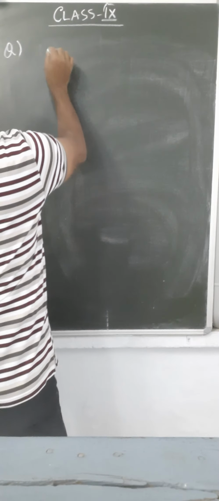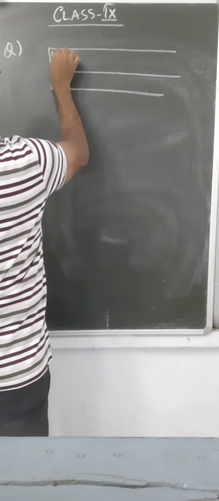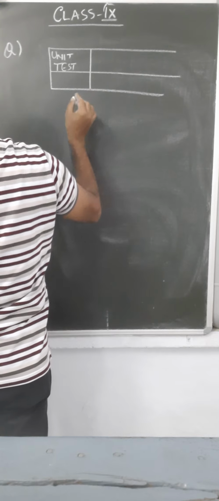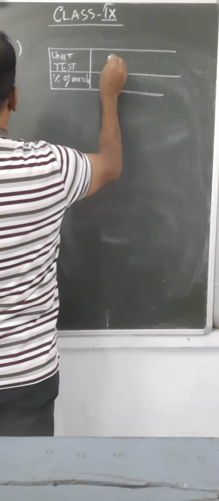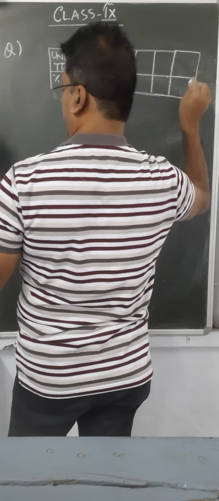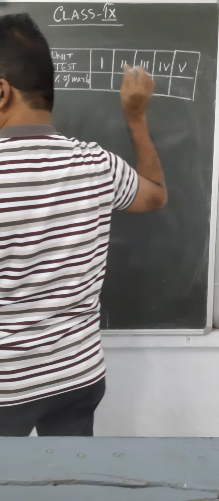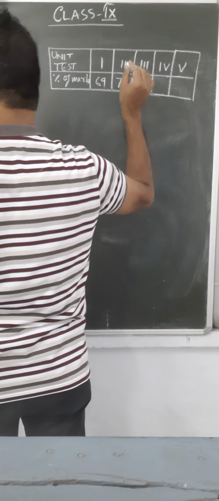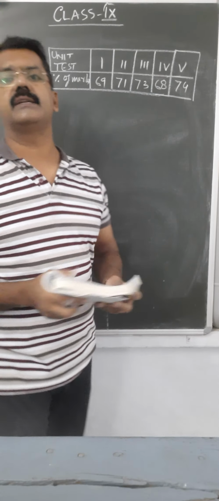So, unit test and percentage of marks: 1, 2, 3, 4 and 5. 5 unit tests are there. 69% in the first unit test, 71 in the second, 73 in the third, 68 in the fourth and 74 in the fifth. These are the percentage marks given.